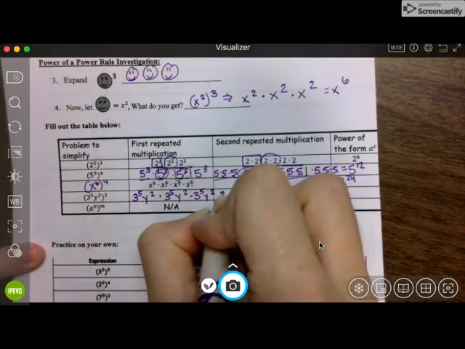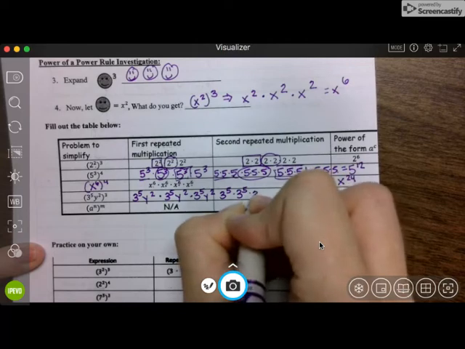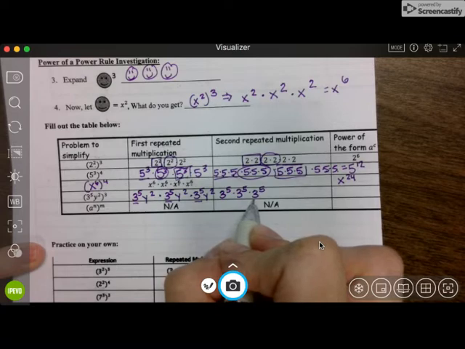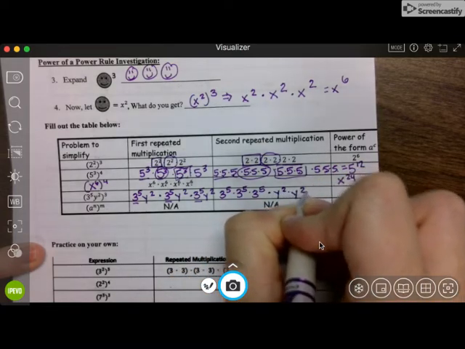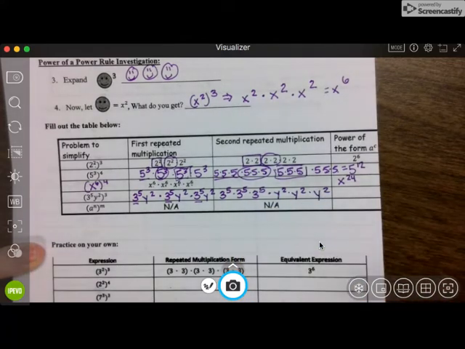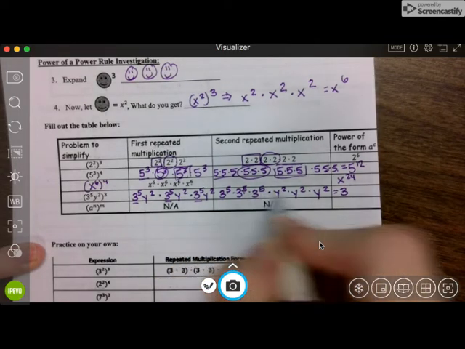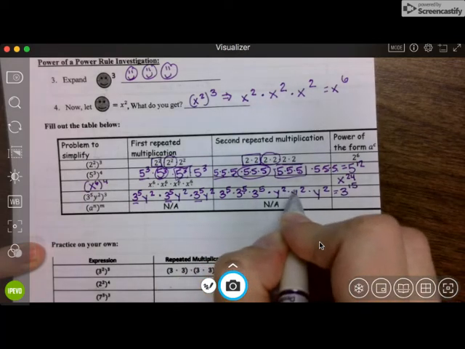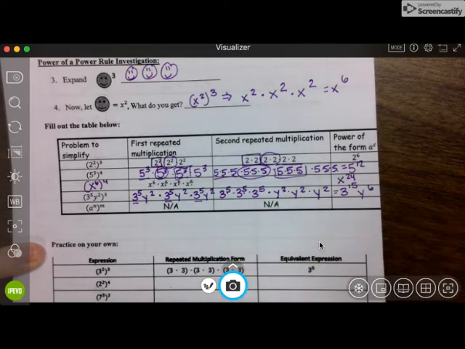So I'm going to put 3 to the 5th times 3 to the 5th times 3 to the 5th. I just put these 3 to the 5ths closer together to make my life a little bit easier. And then I'm going to do the same with the y squareds. So in my answer, I will have 3, 5 plus 5 is 10, plus 5 is 15, y squared, so y will be my base, 2 plus 2 is 4, plus 2 is 6.